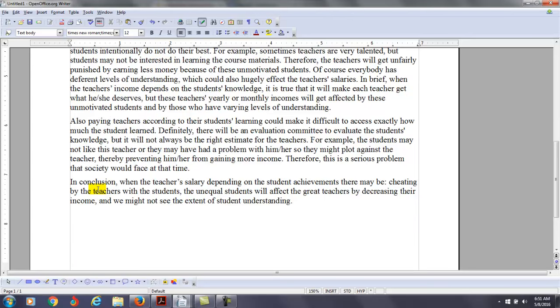In conclusion, when the teacher's salary, you need a verb here, depends on student achievements, there may be, no colon is needed here, there may be cheating by the teachers with the students.